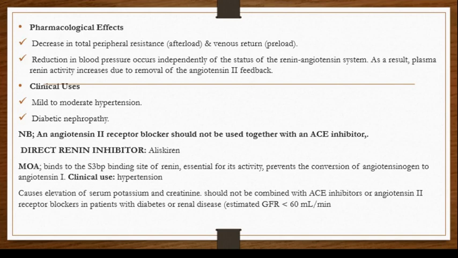And an important point to note over here: they do not increase the breakdown of bradykinin. Rather, they decrease the breakdown of bradykinin, and so we find ACE inhibitors being used as the first line of treatment in heart failure. It's very, very important for us to note this.